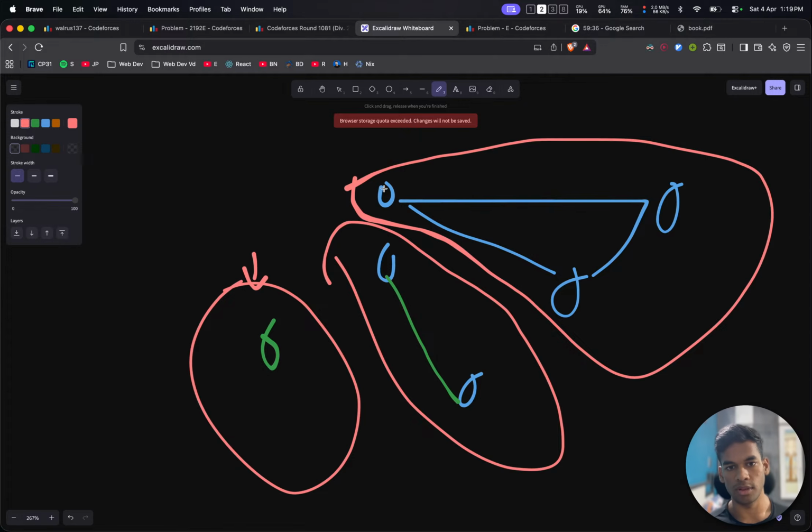For example, if from this node you cannot reach any other node, this node would be considered one component. And for this node, from this node you can reach this node, and all the other nodes, if there were any other, they would also be treated as a single component.